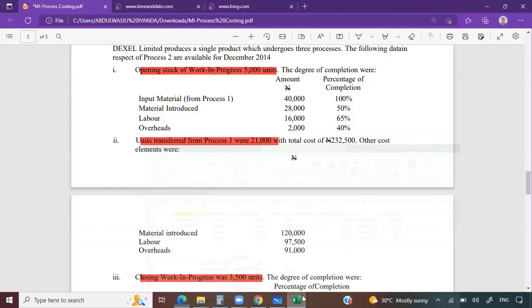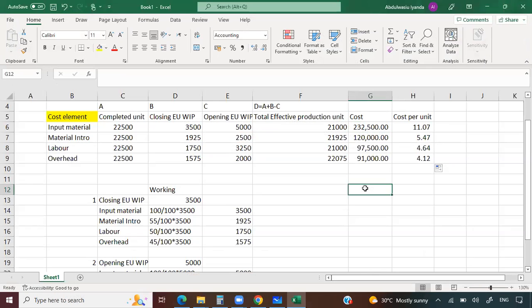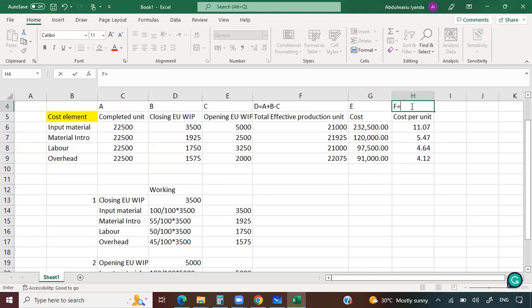We are also given other cost elements: material introduced 120, the labor 97,500, and the last one is overhead. So what is now the cost per unit? Let me say this is my E, at least everybody knows this, and this is my F. F will now be the cost E divided by D. It will give us the cost per unit.